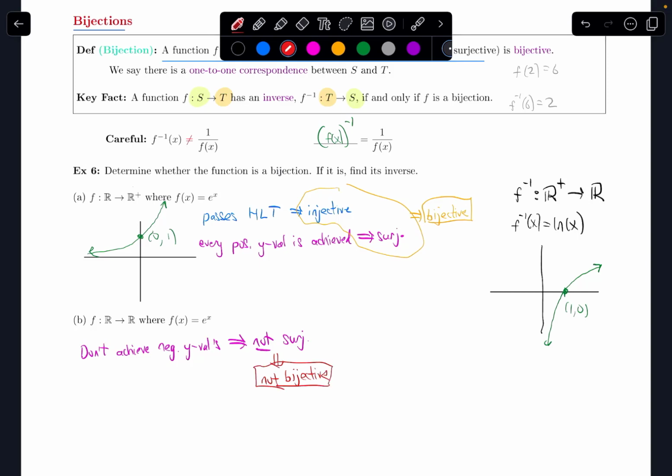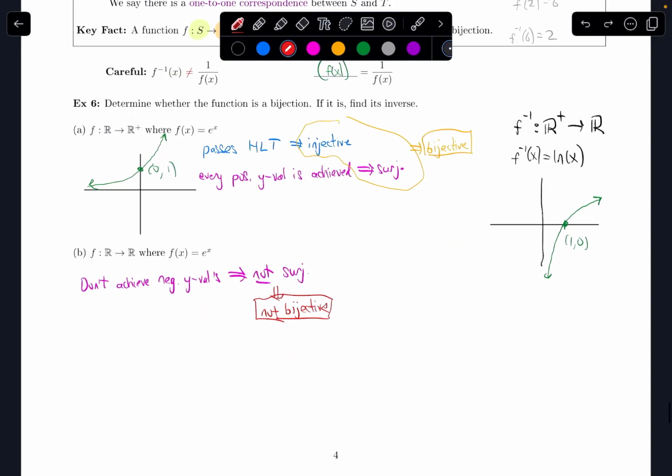But that's weird, because doesn't e to the x have an inverse? Isn't it just ln of x? Why doesn't that work? The problem is, if I think about a diagram, my domain is the reals and the new codomain is the reals. If you take all the reals and plug them into e to the x, you don't end up getting every single real number out.